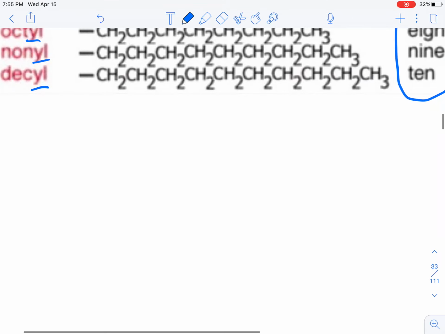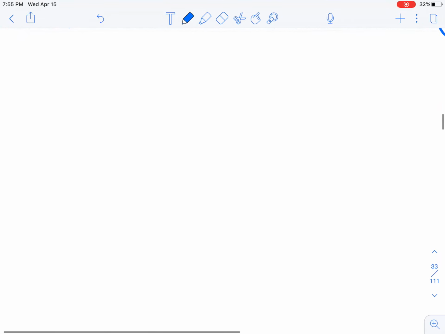Okay? I understand the pieces that you're giving me, but I don't understand the whole entire picture. So let's go ahead and look at an example. Let's say that we have a 4-carbon compound.